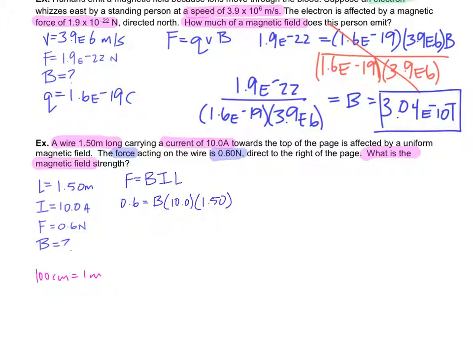So if I'm given a length in centimeters and I want to convert it to meters, I take whatever is given to me in centimeters, divide it by 100, and that gives me my answer in meters. Okay, so use that moving forward. You might have a situation on pages 7 or 8 where you're given the length of wire in centimeters. Make sure you convert that to meters before anything else.